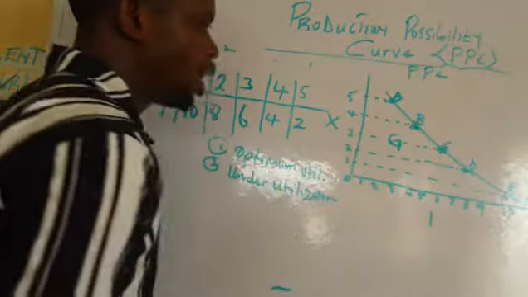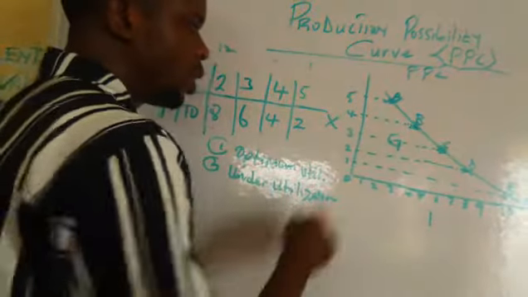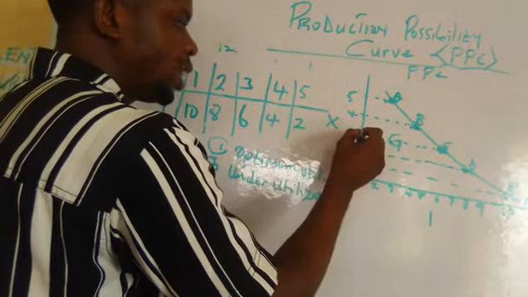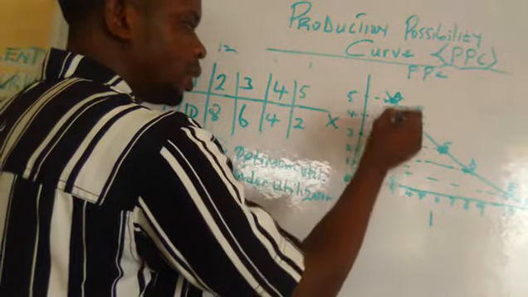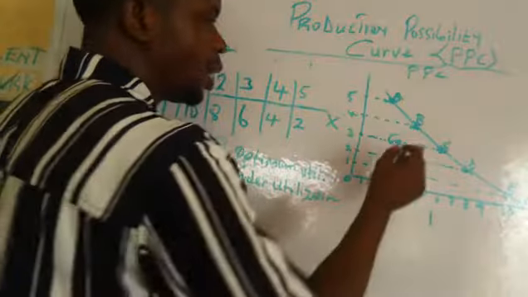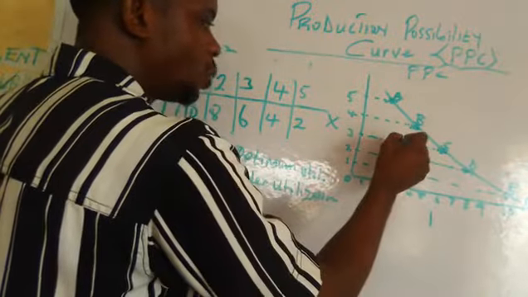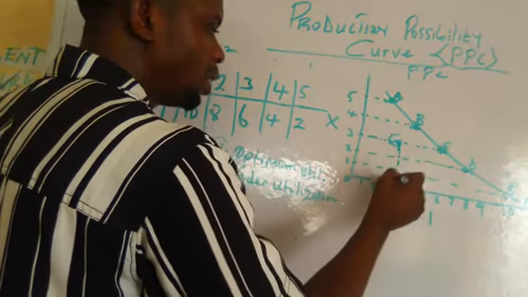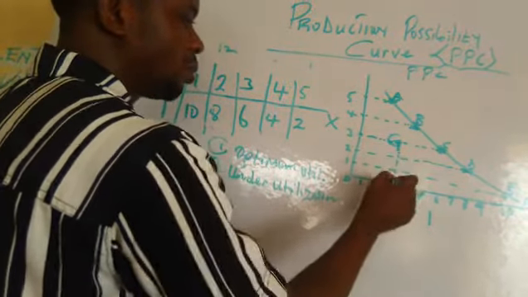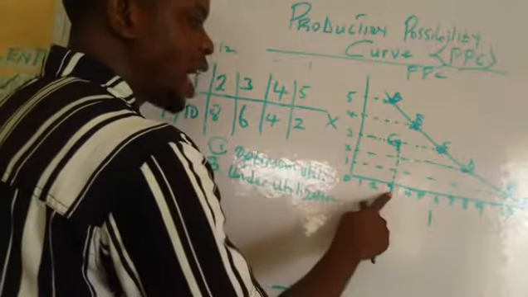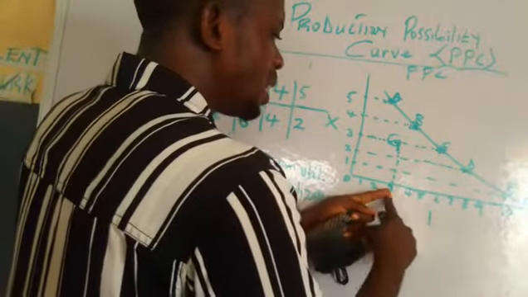If you look at this point G now, normally we are supposed to produce 3 of X here. Then we can still continue, we produce 6 of I. But here at this point now, how many are we producing? We are producing only 3 of I. And we can still produce 6.